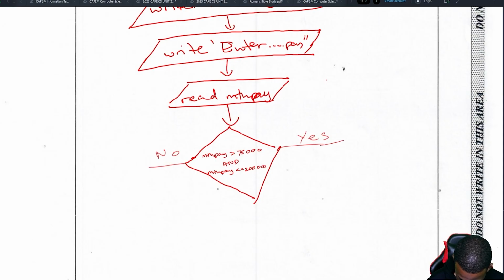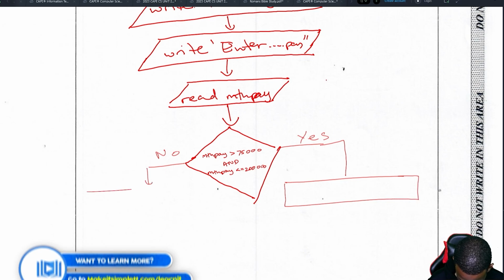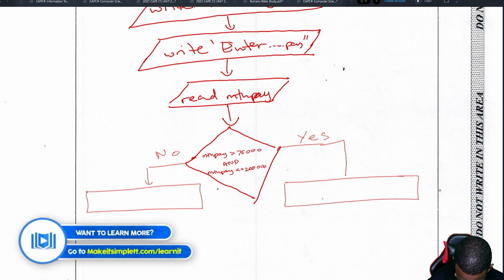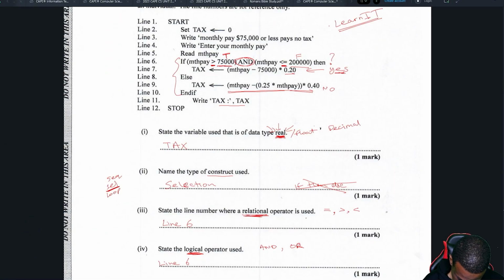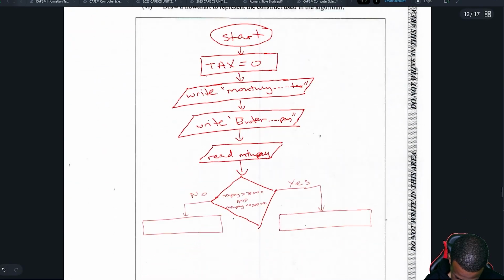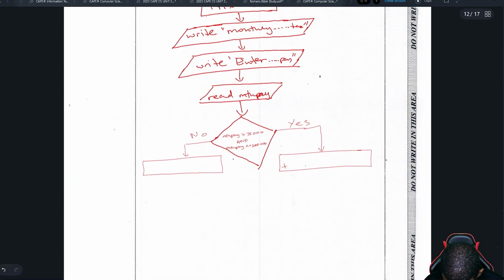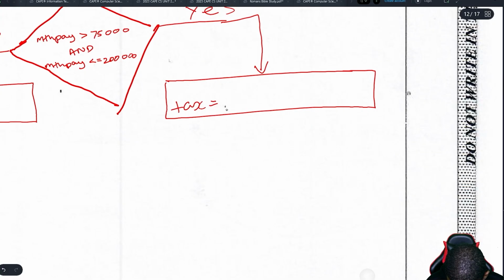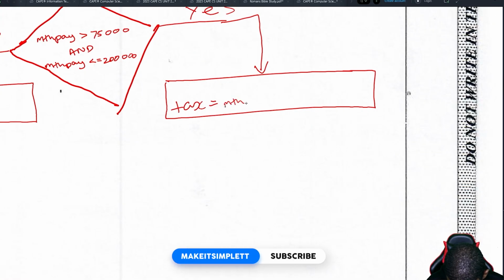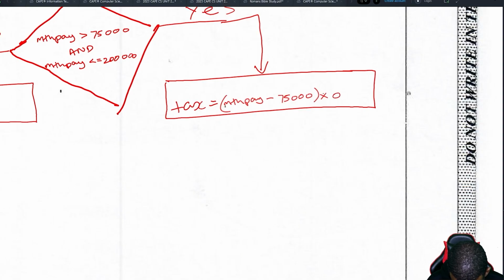Alright, so for yes, a calculation has to take place, which is our rectangle. For no, a calculation also has to take place, which is our rectangle. If the answer is yes, monthly pay minus 75,000, multiplied by 0.20: tax is equal to MTHPAY minus 75,000 multiplied by 0.2.